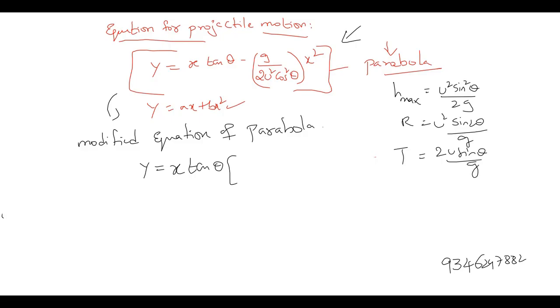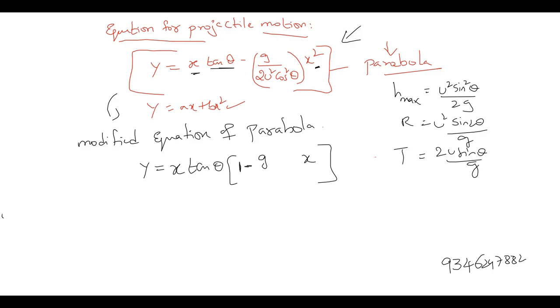Now see here, if you take x and tan theta common, 1 will be here, minus 1x will be coming out, so 1x will be left here, remaining is g. Here tan theta is there, here tan theta is not there, so there should be one tan theta.